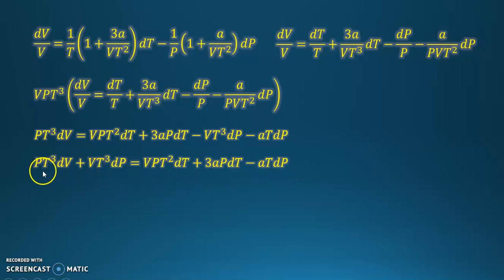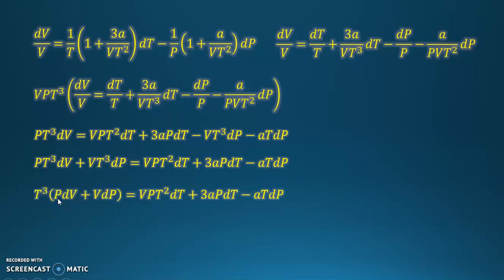Now let's go factorize T cubed. If we do that, we'll obtain this expression in here. Now, if we remember, this expression in brackets is pretty similar to the product rule.